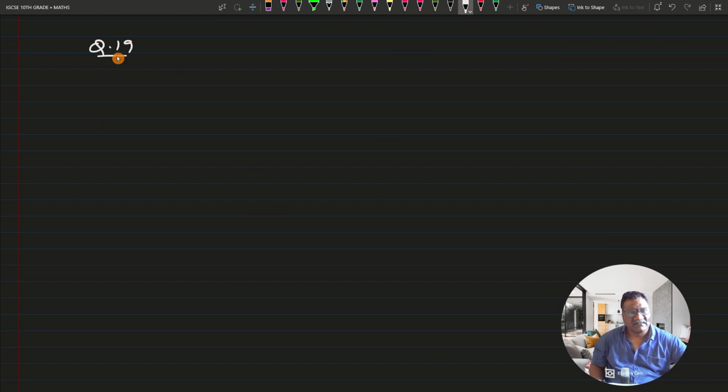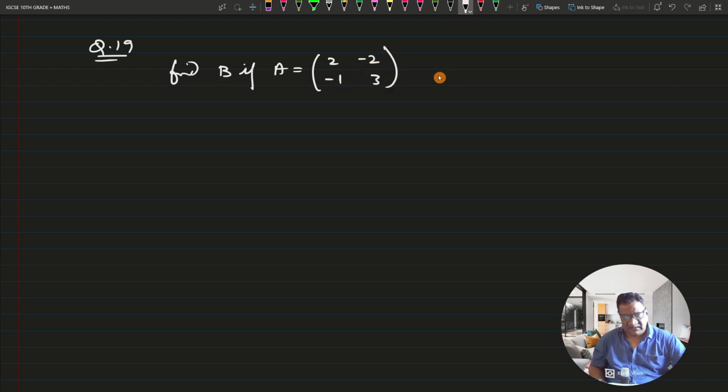says that find B if A is a 2, minus 2, minus 1 and a 3, and AB is equal to 4, minus 2, 0 and a 7.